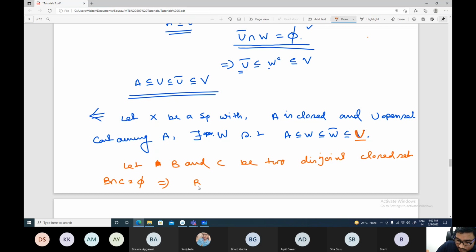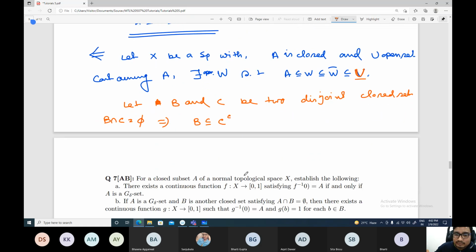This implies B is a subset of C complement, and C complement is open because C is closed. Now, by this hypothesis, there exists some W open in X such that B is a subset of W closure, subset of C complement, right?